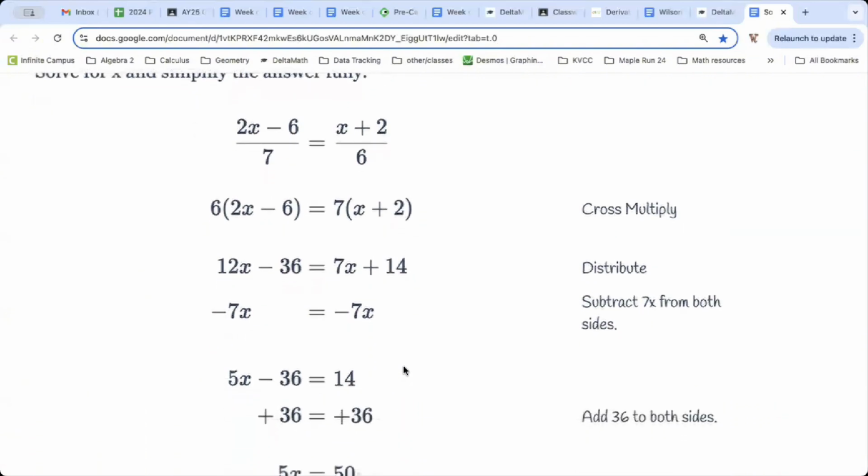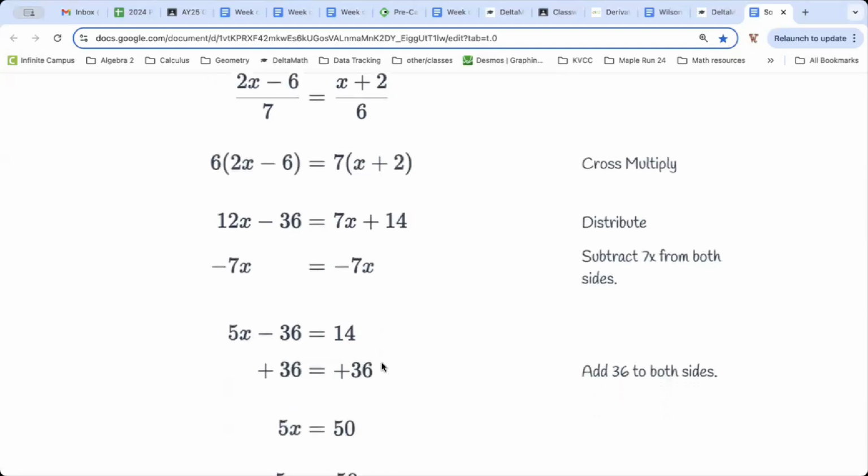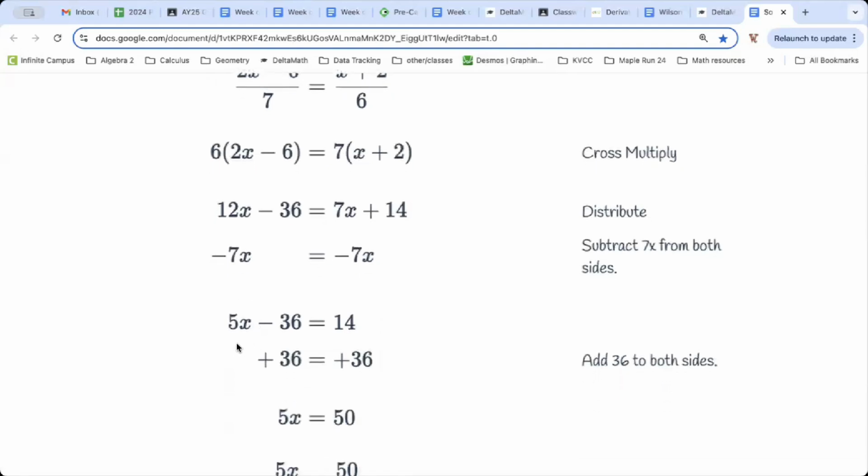And you put all the variables into one side. The easiest thing to do is subtract 7x. Now all the x is on the left-hand side. You want this negative 36 to disappear because you want to isolate the x, so add its opposite, positive 36.